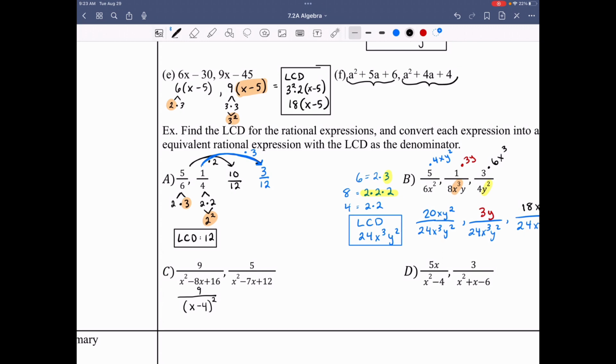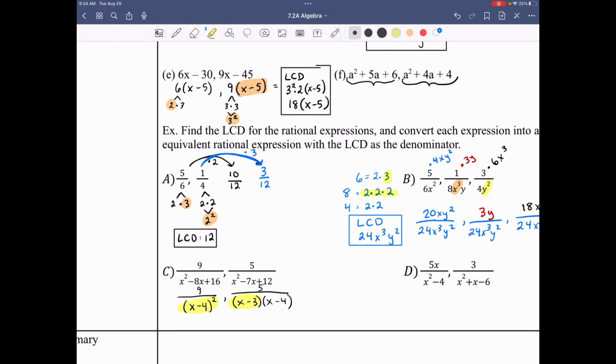And then factors of 12 that give us negative 7 are negative 3 and negative 4. Well, that's cool. We have a negative 4 that happens twice. Okay, so for our least common denominator, we have to use this one because it's squared. And then we also have to have the x minus 3 because the other one does.